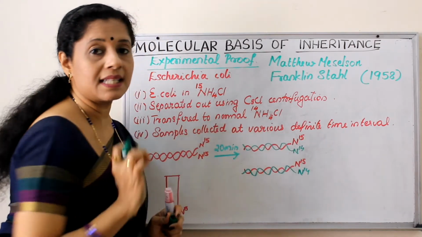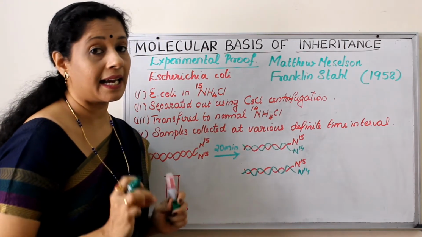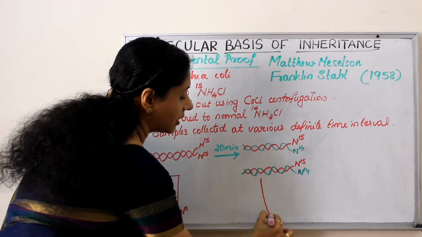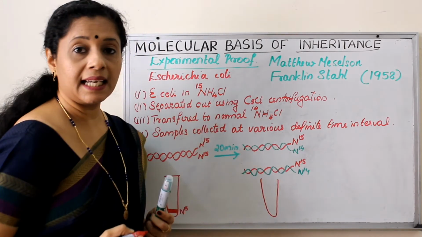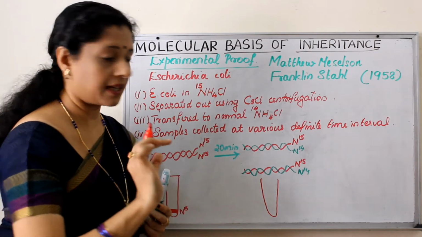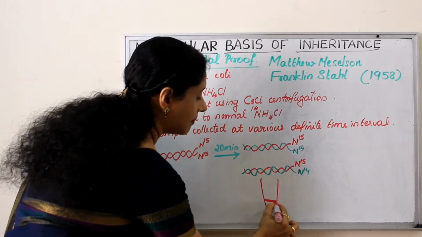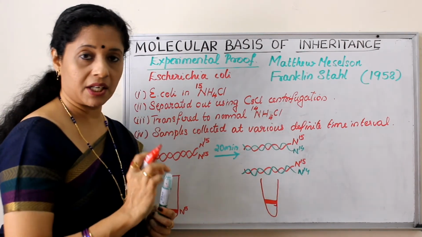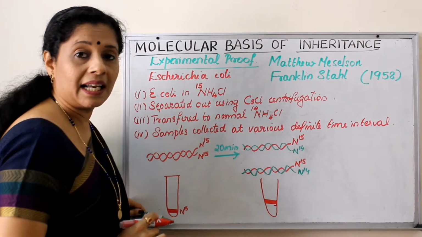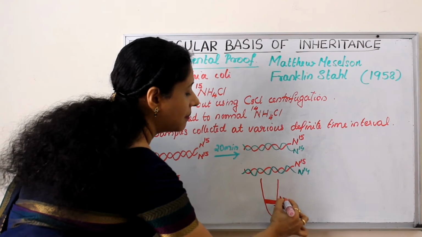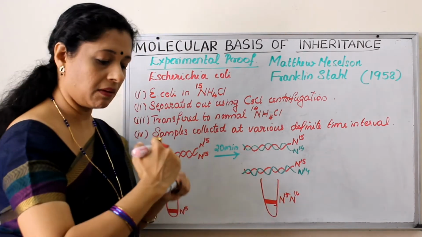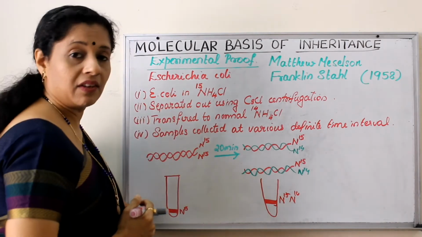The old one is N15 and the new one is N14. Now when they do the centrifugation, what are they getting? In the medium band you will get. It's not heavy like N15 but it is a hybrid of N15 and N14, so it will be a little above the heavier one.